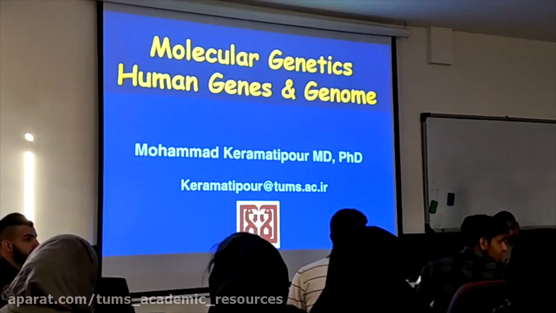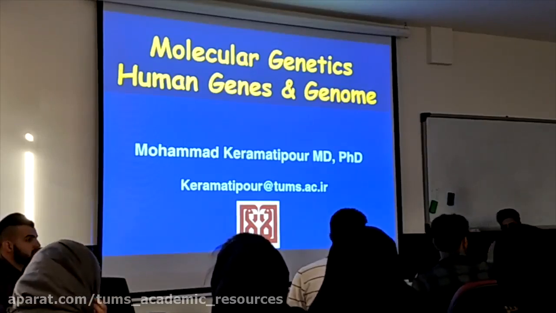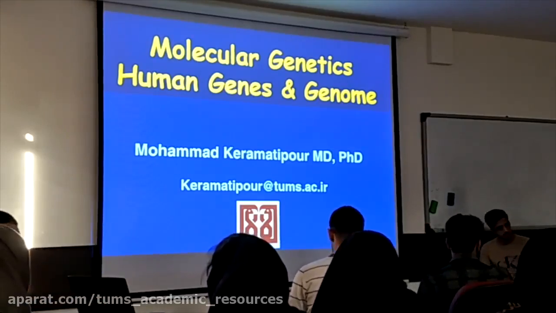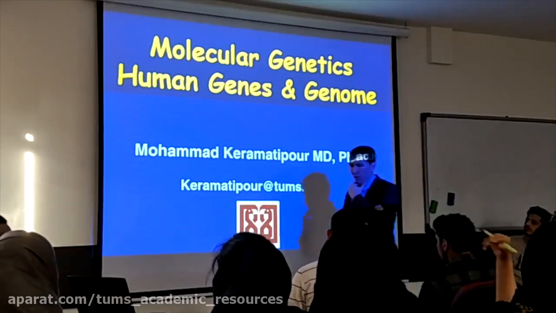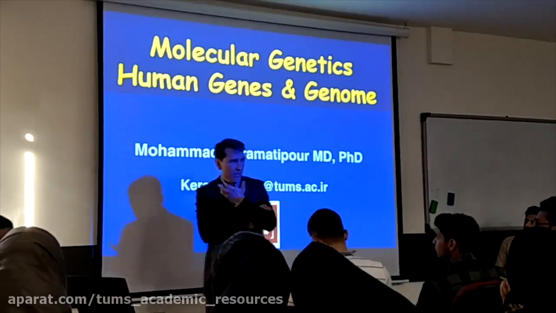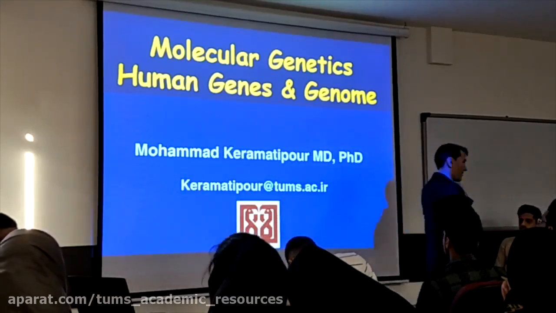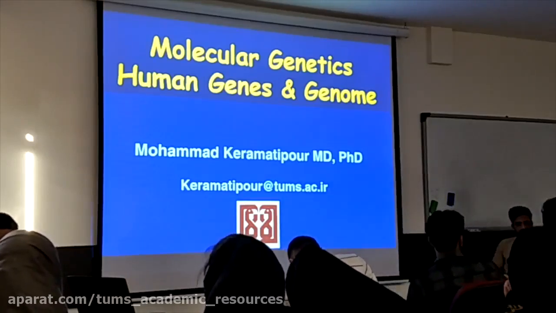Human genome. Every set of DNA includes DNA. Okay. Every set of DNA includes all of the human stuff. So basically, human genome consists of all the genetic materials that a cell has, which is located inside the nucleus.